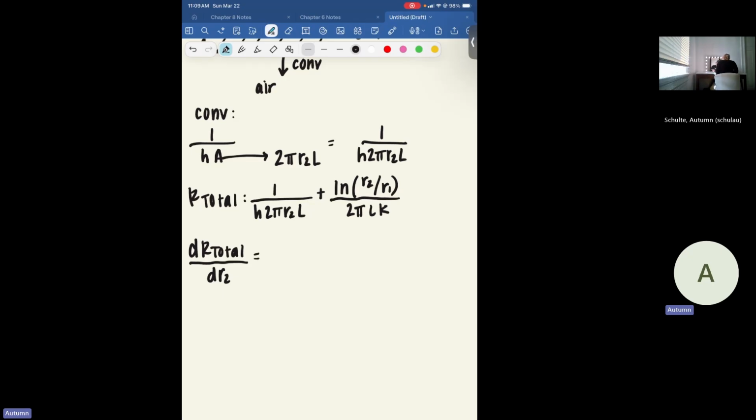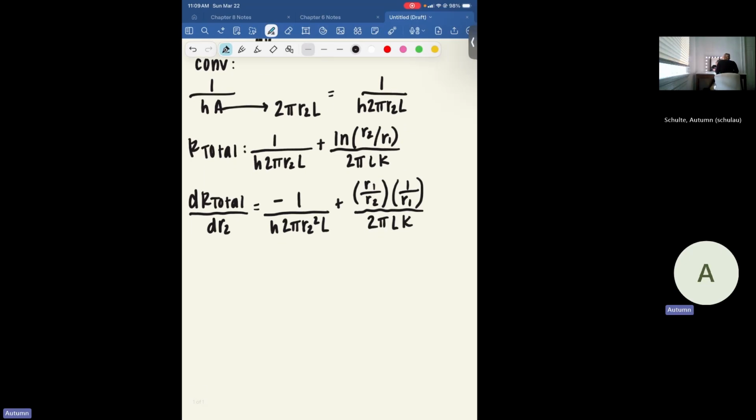If I do that, we're going to find that this first term is going to be negative 1 over our heat transfer coefficient H multiplied by 2 pi times R2 squared times our length, plus R1 over R2 times 1 over R1 divided by 2 pi times our length times our thermal conductivity.